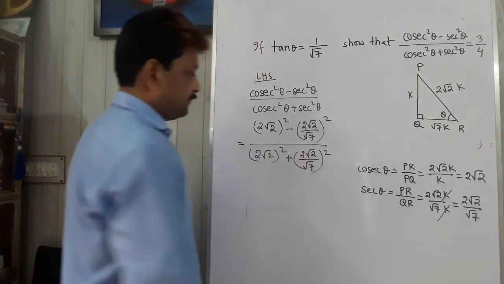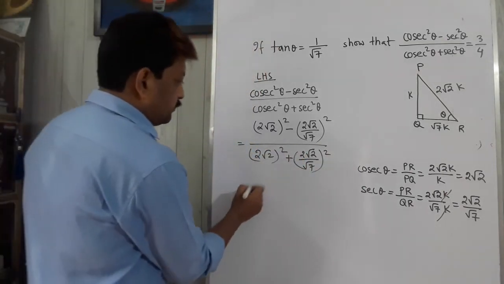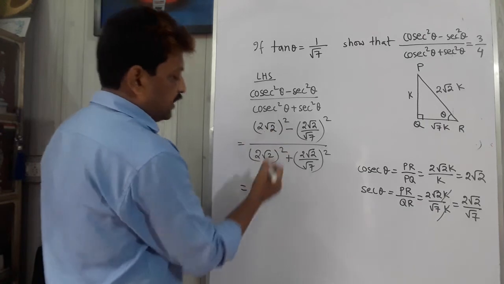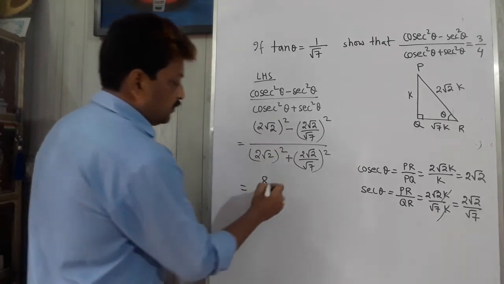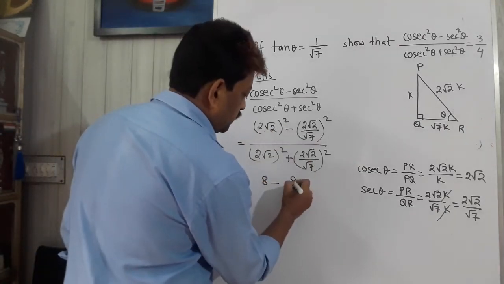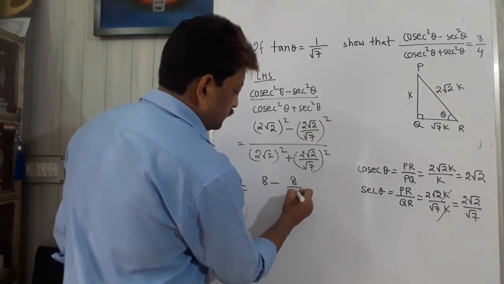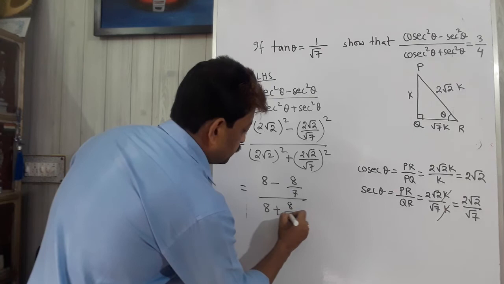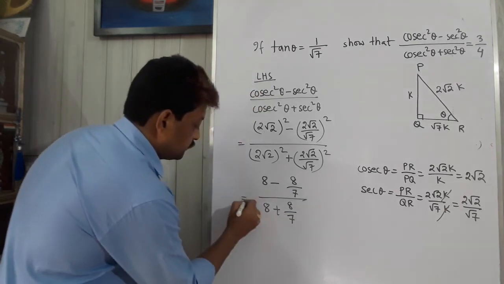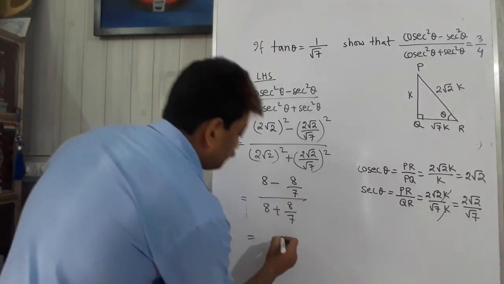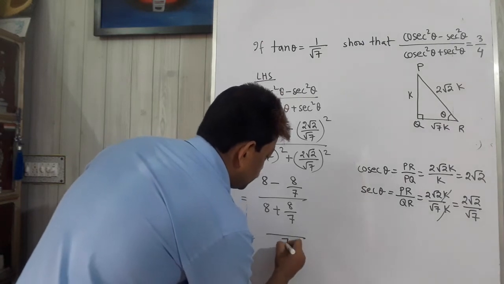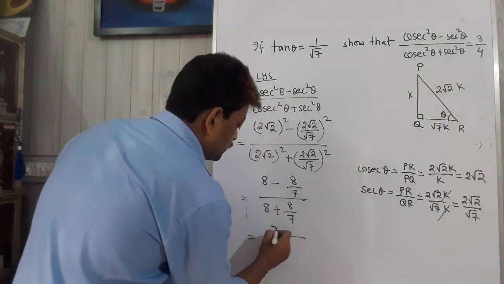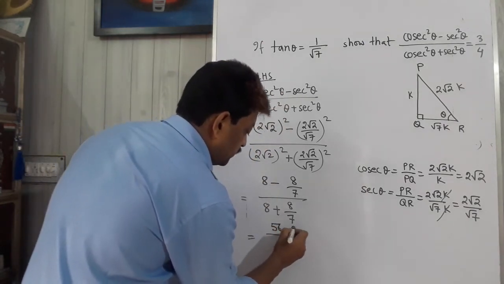This will be plus. So after simplification, 2 root 2 whole square is 8. You know that. Minus again 8 upon root 7 square is 7. And here it is 8 plus 8 upon 7. So by LCM, the numerator LCM is 7. So 7 times 8 is 56 minus 8.